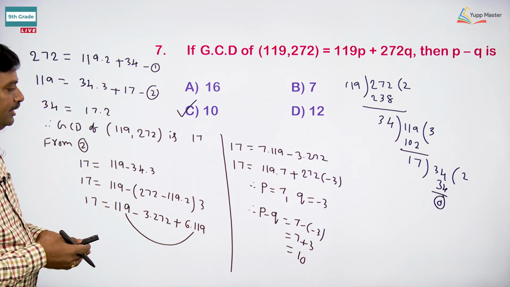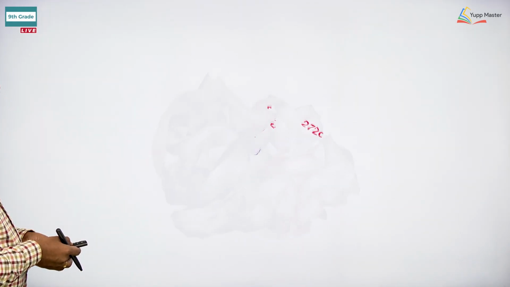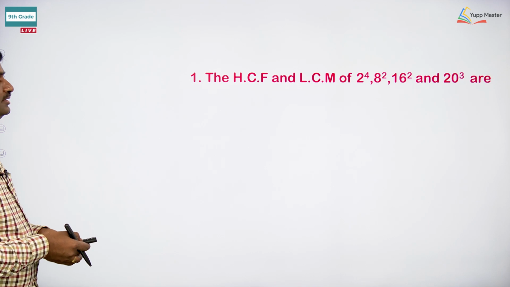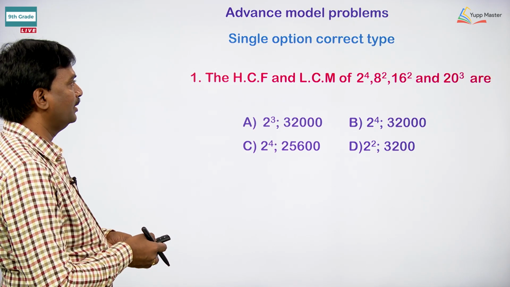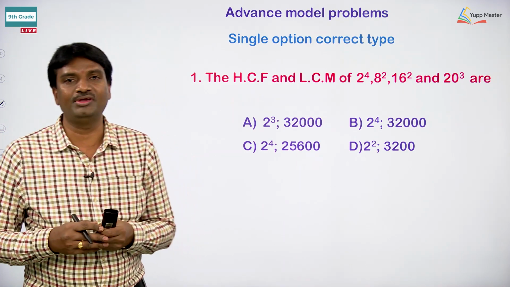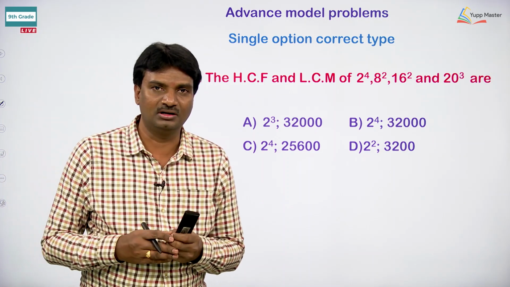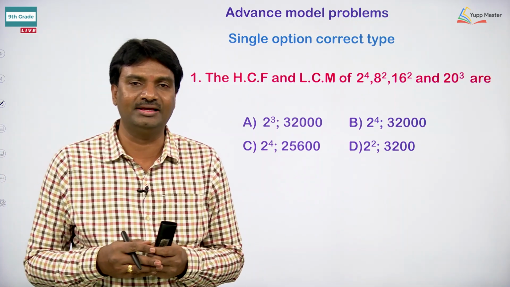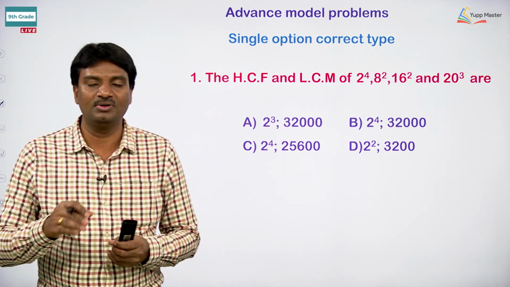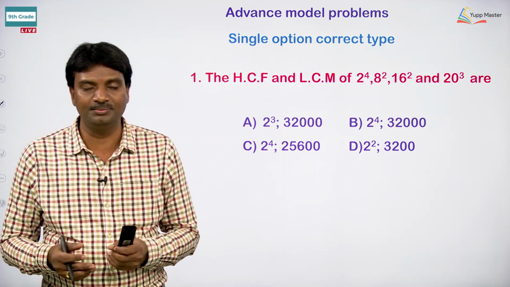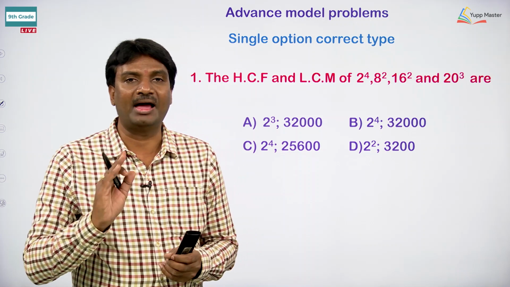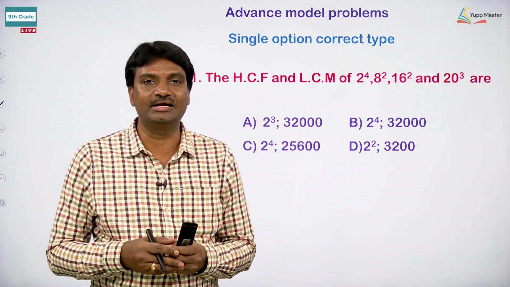Okay. Next, let us go to the next problem. These are the advanced model problems. In advanced model problems, we have different types of questions: single correct option type, one or more than one correct option type, comprehension passage type, matrix matching type, integer type, like that.